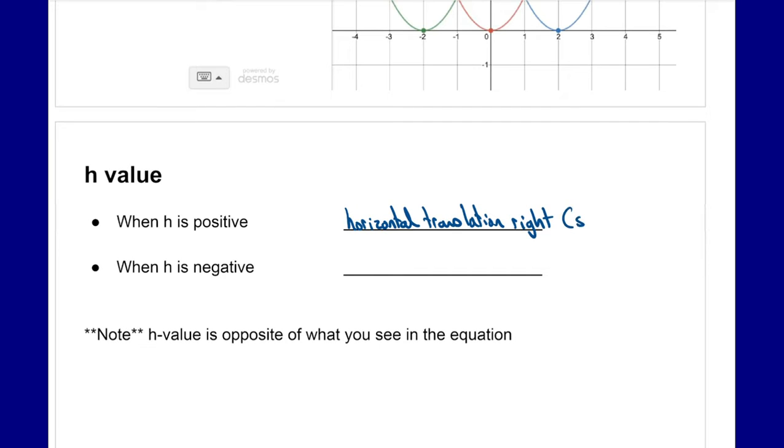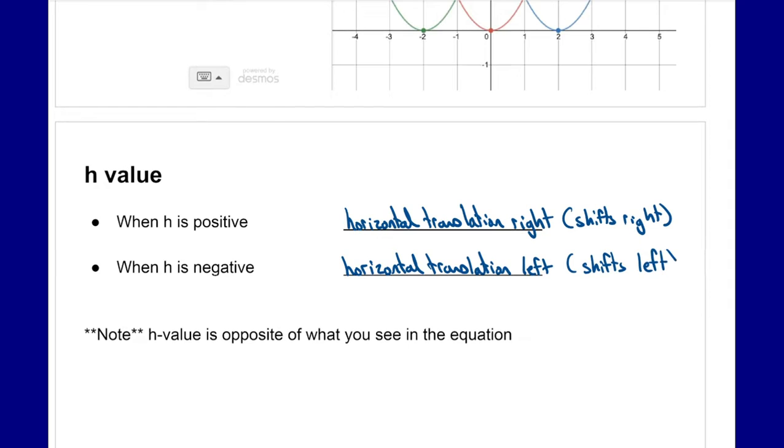You could also just say it shifts right. So we're moving our graph to the right. When h is negative, you could say we have a horizontal translation left, in the negative direction. And again, you could simply say it shifts left.